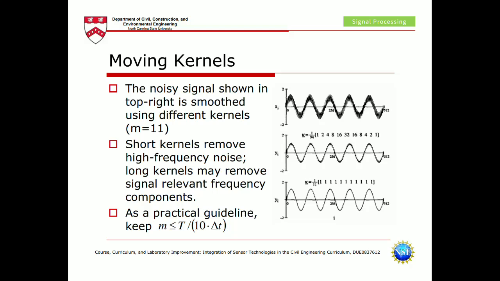But the long kernel may remove the signal relevant frequency components. As a practical guideline, keep the value of m less than or equal to 0.1 times delta t.